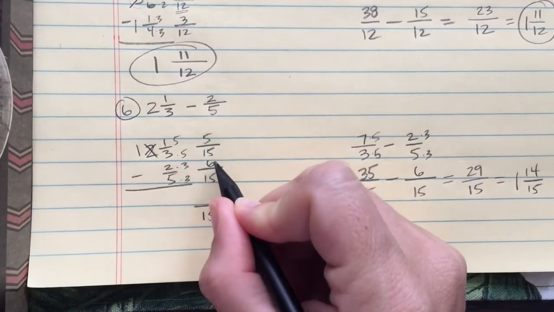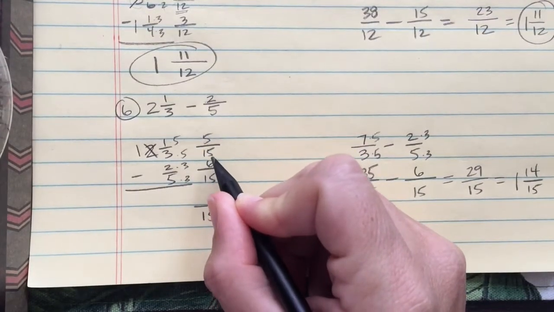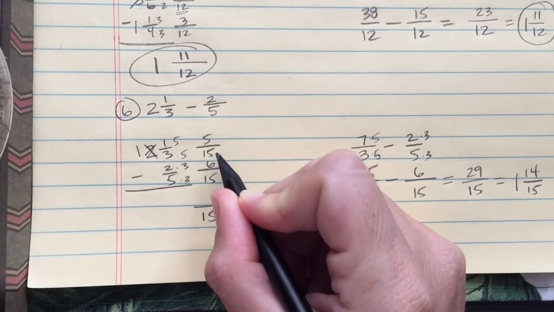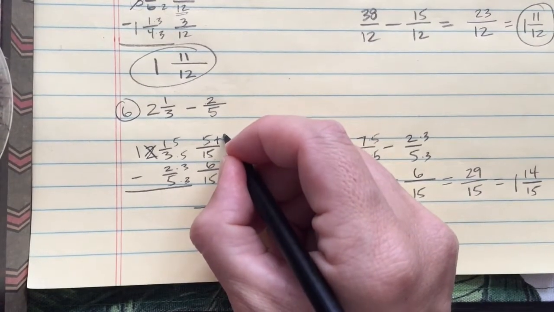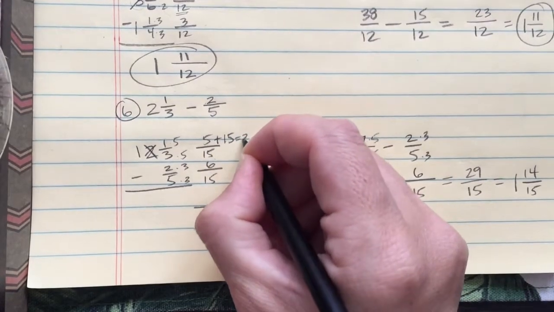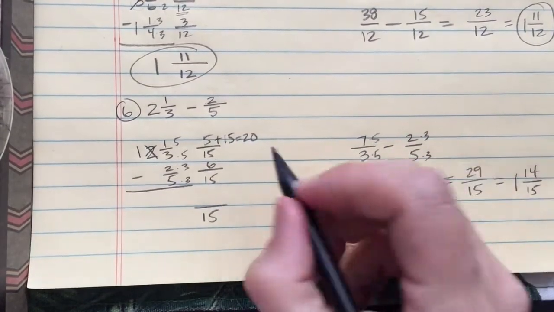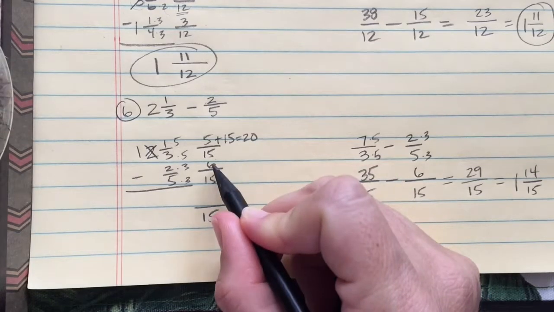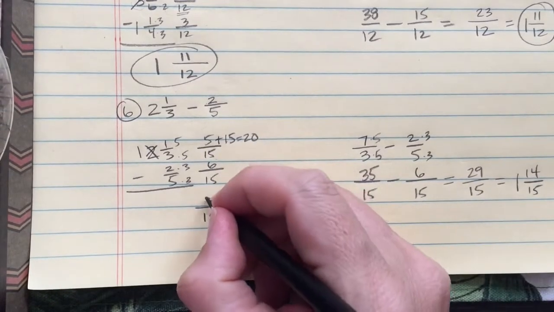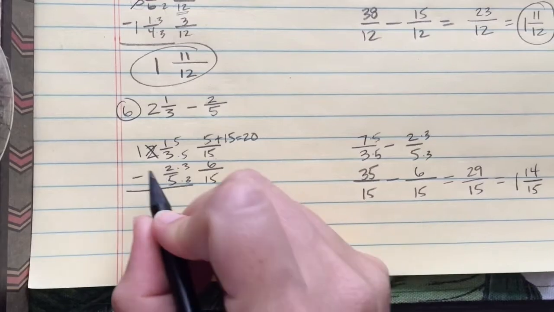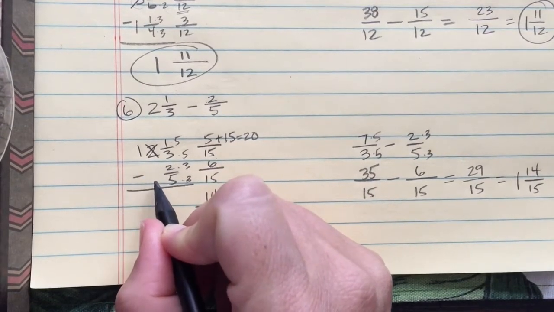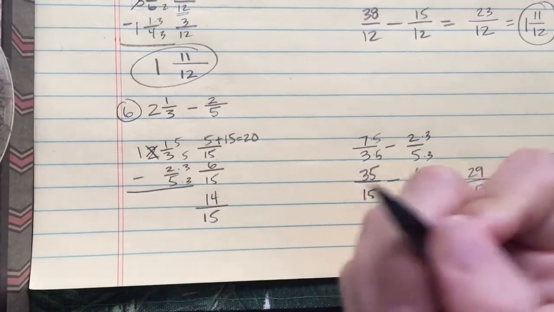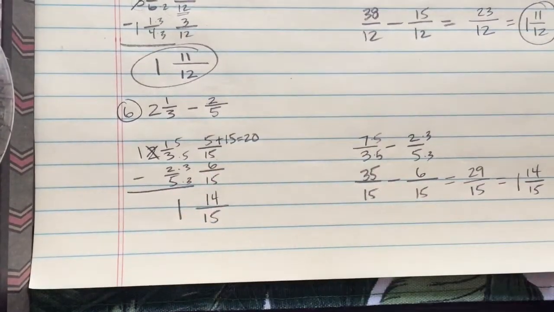When you look at this fraction, it would be 15. So 15 is what we're going to add to the numerator. So that's 20. We can do 20 minus 6 now, which is 14. And then for this part, it would be 1 minus, well, there's no whole number here to subtract, so it would just be 1 minus 0, which is 1.